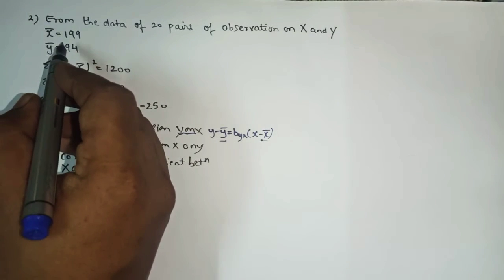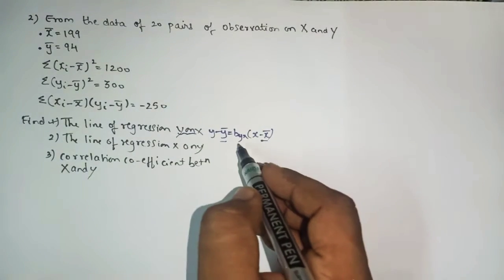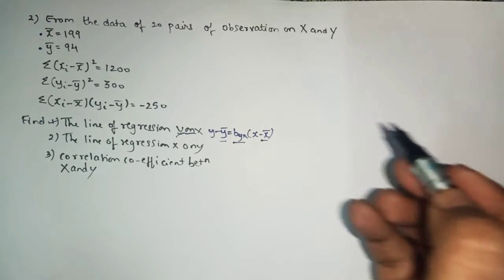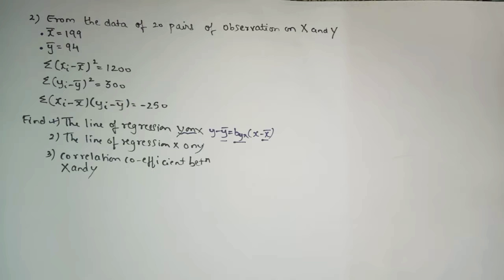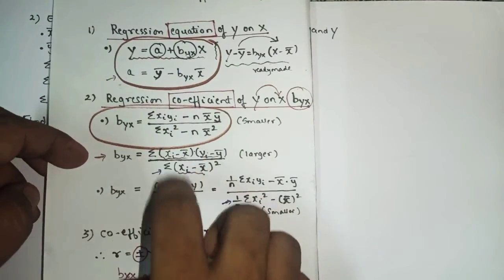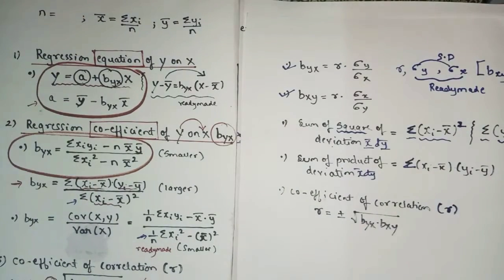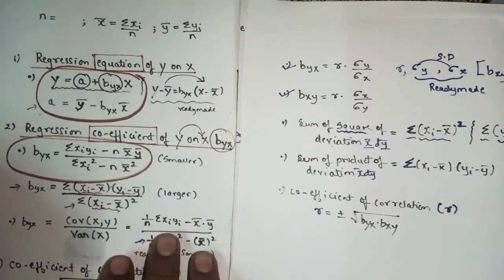We have x mean, we have y mean, and then we have to find byx. Now to find byx, we know there are 4 formulas, and even to find bxy there are 4 formulas.